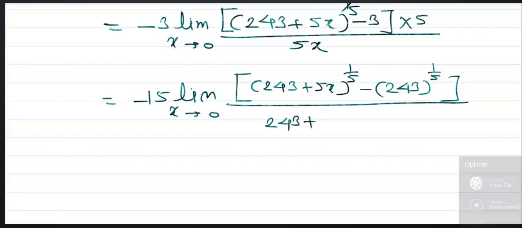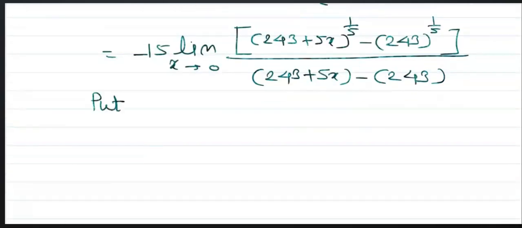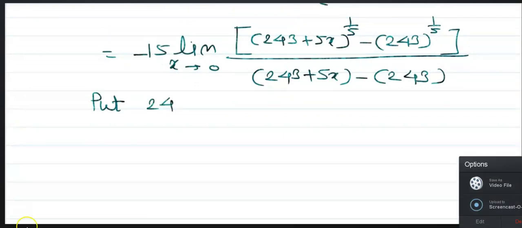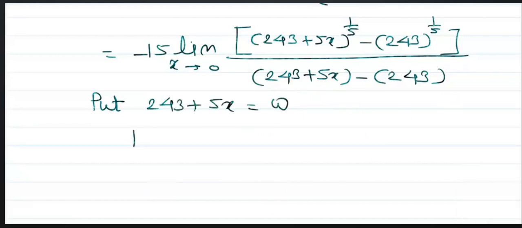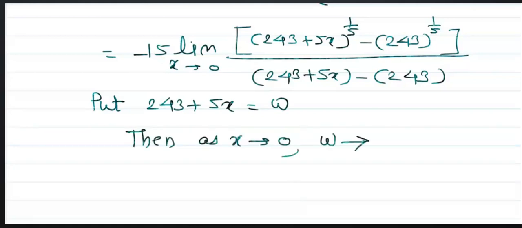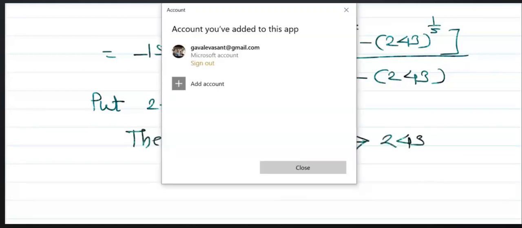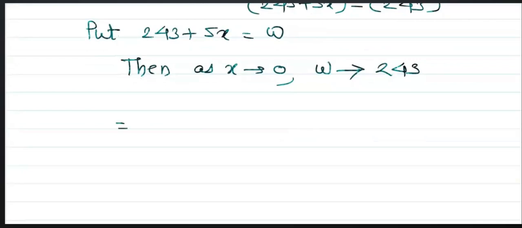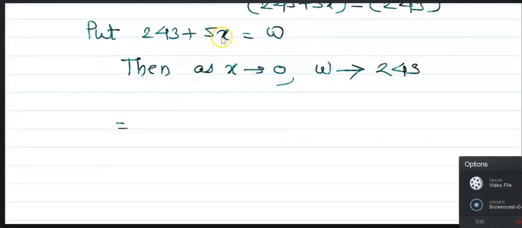Now the next: 243 plus 5x minus 243, that is we have the 5x only. We add and subtract 243. Now put 243 plus 5x equal to w. Then as x tends to 0, w tends to 243. As x tends to 0, we substitute x equals 0, w equals 243.